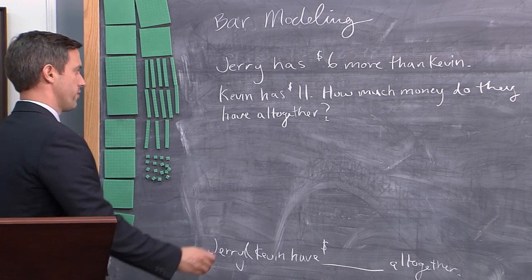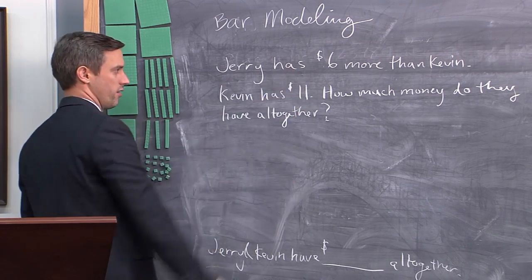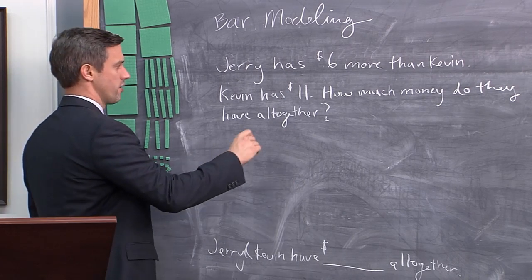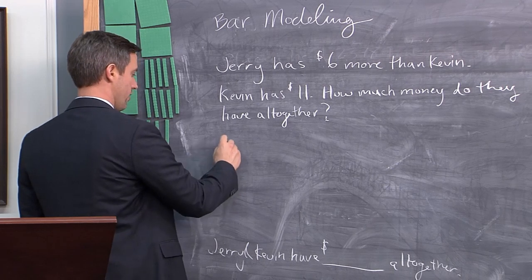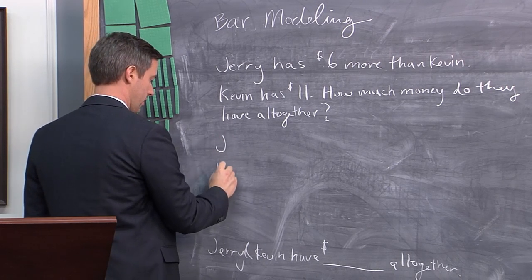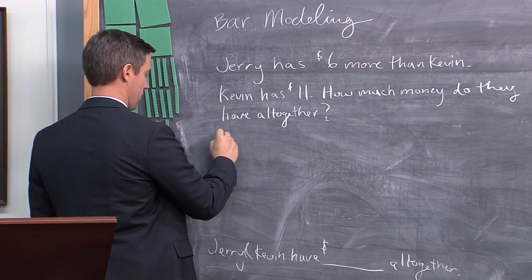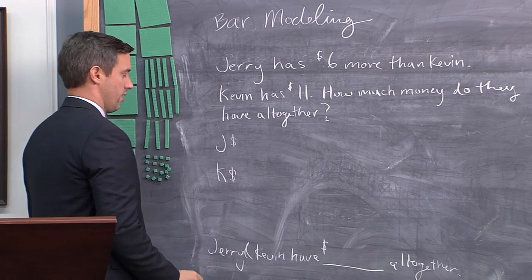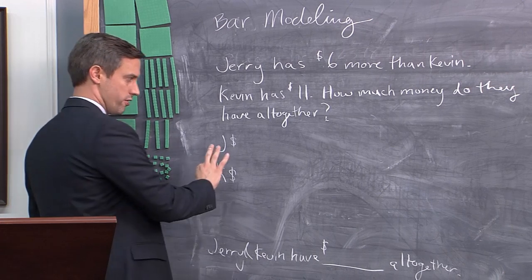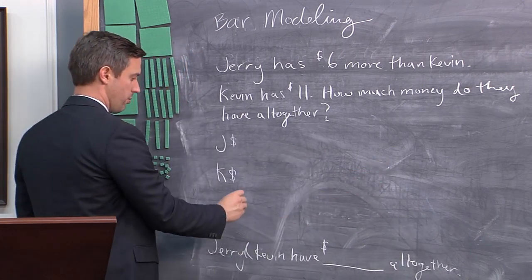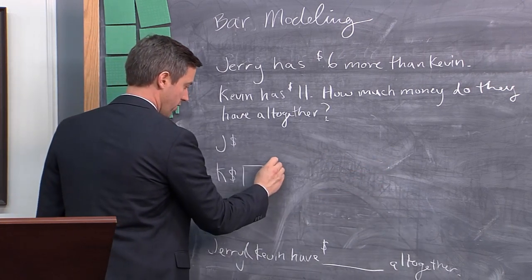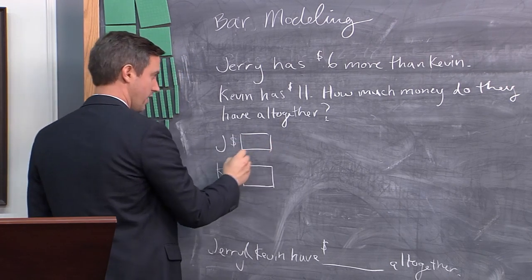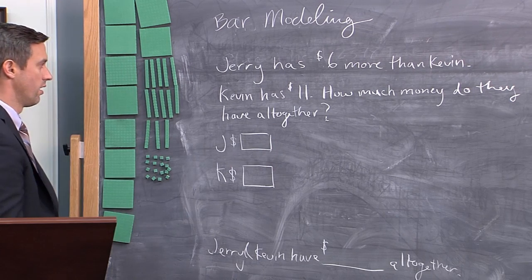So then we're going to go back and break the problem into parts that I can draw. Jerry has $6 more than Kevin. So I have Jerry's amount and Kevin's dollars. So Jerry's dollars and Kevin's dollars. Some people will just start drawing the problem. Some people like to give them equal quantities first and then extend the one that has more.